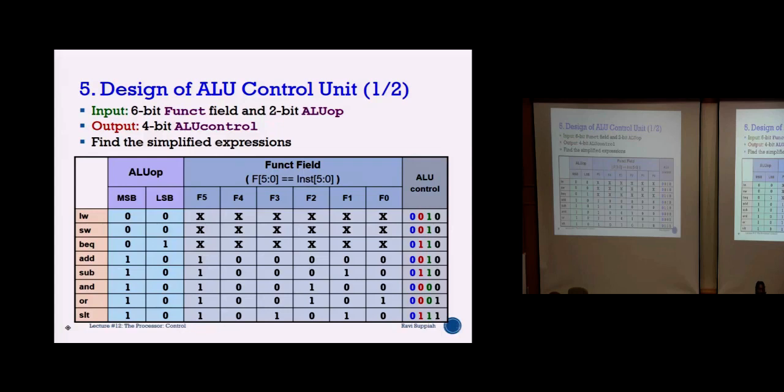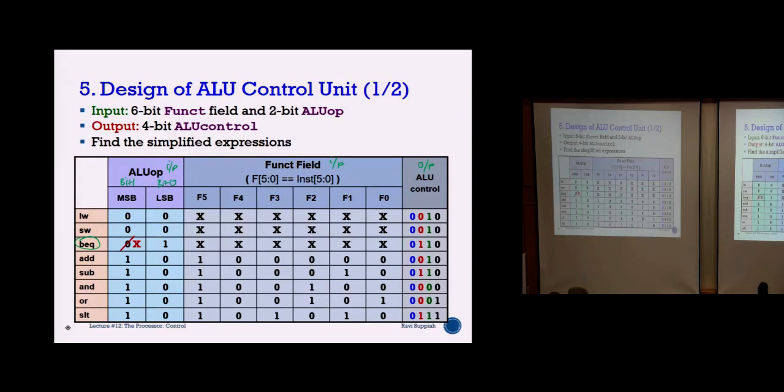Now this is what we have. We have ALU op and we have function field, and we want to generate the ALU control. So these are the 2 inputs that we have, and this is the output that we want to generate. How do we make sense of this? First thing we can see is for BEQ, this is bit 0, this is bit 1, and this is bit 0.